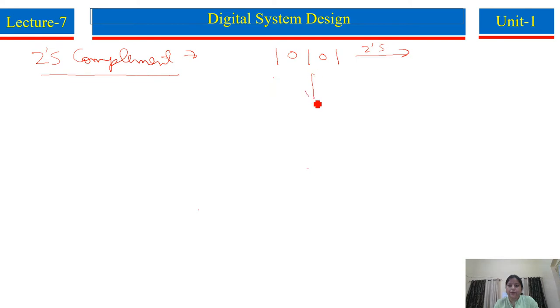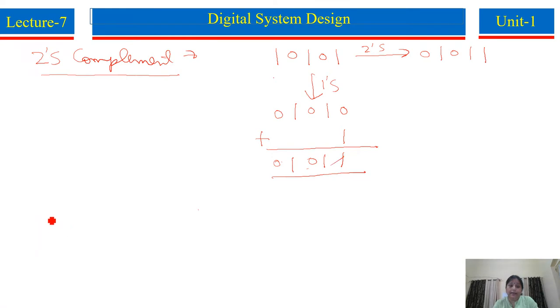First of all you take ones complement of this number. So ones complement is invert each bit. Okay. Then you add 1 at LSB. So 2's complement of this number is 0 1 0 1 1. कैसे निकालते हैं? I repeat again. First of all take the ones complement of that number, then add 1 at LSB.